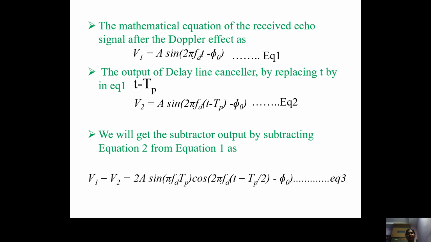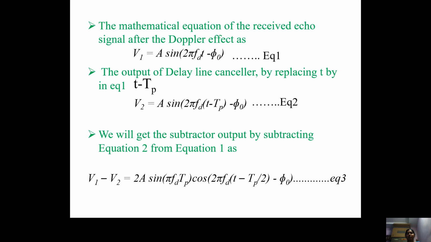But if we apply the delay line canceller, this echo signal will undergo one period delay, given by TP, which is the time period of the pulse, the pulse interval. The output of the delay line canceller, by replacing t by t minus TP, is V2, equal to A sin 2 pi (fd (t minus TP) minus f0). Here t minus TP is the delay introduced in the echo signal when we use the single delay line concept.